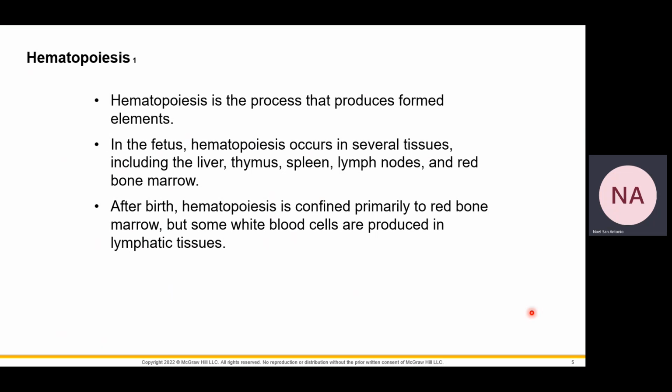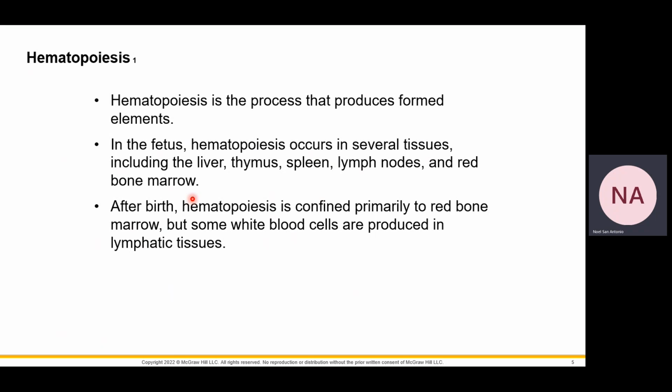Okay, now hematopoiesis. The word hematopoiesis is the process of production of formed elements in the blood. Now, in the fetus, hematopoiesis occurs in several tissues, including the liver, thymus, the spleen, the lymph nodes, and the red bone marrow.